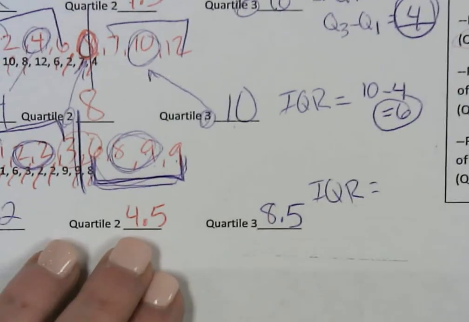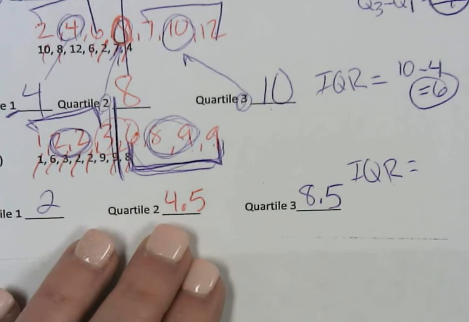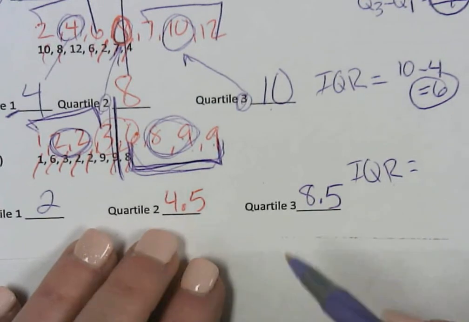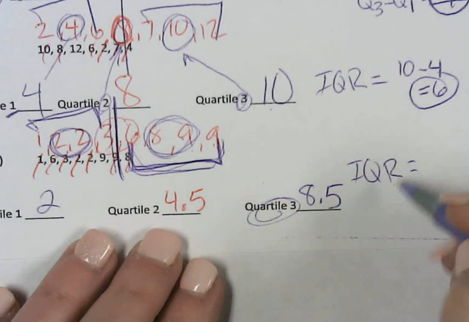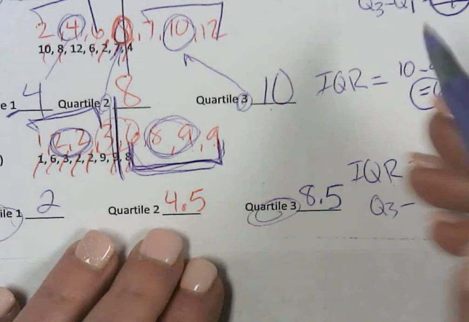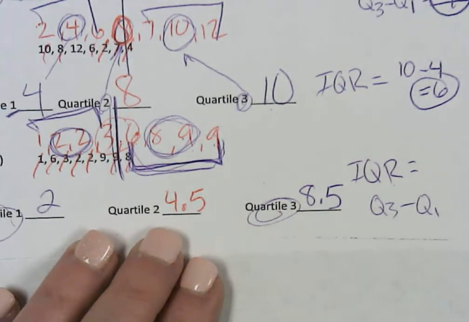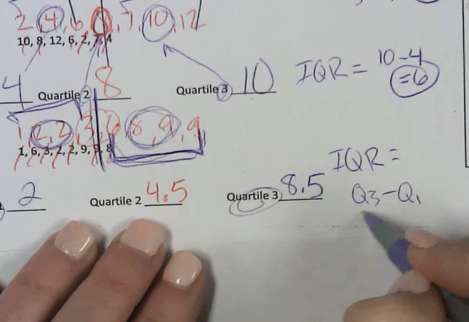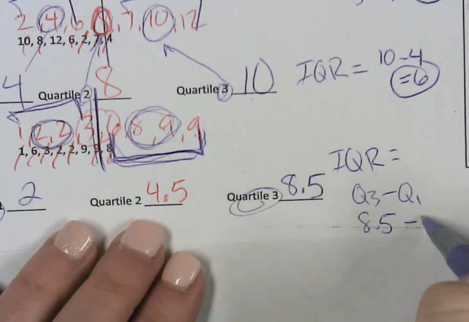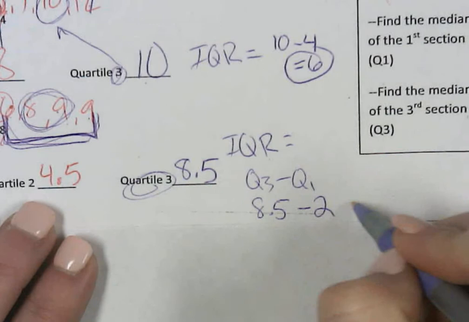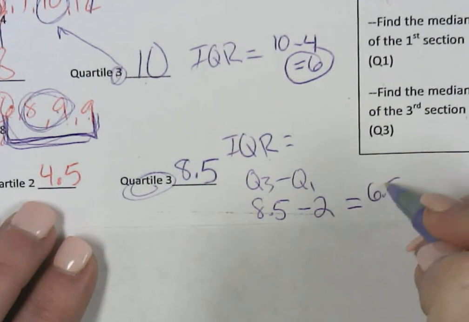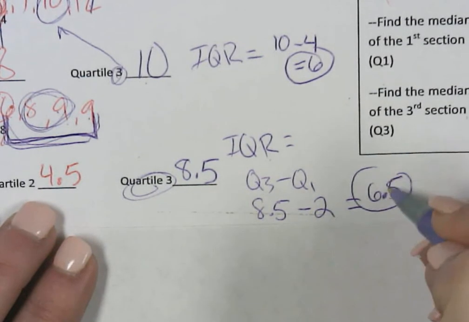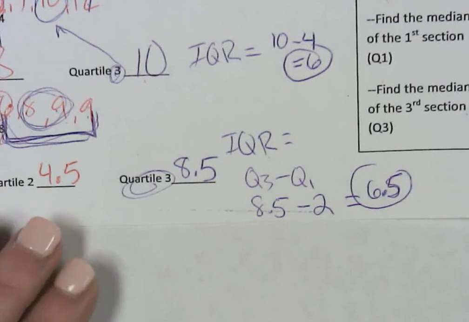Range is our biggest minus our smallest. So our biggest quartile, Q3, minus the smaller quartile, Q1. And we know 8.5 minus 2 should give us 6.5. So the IQR for this data set is 6.5.